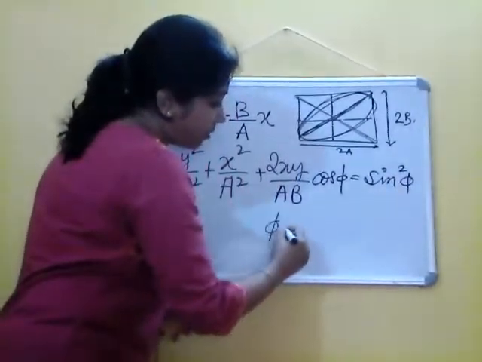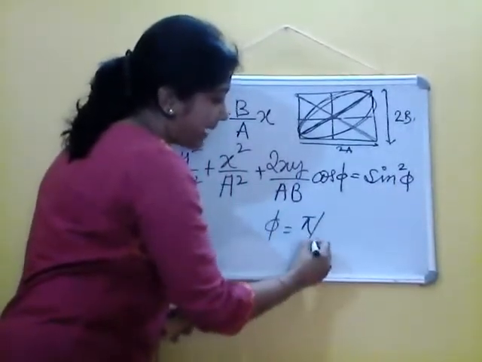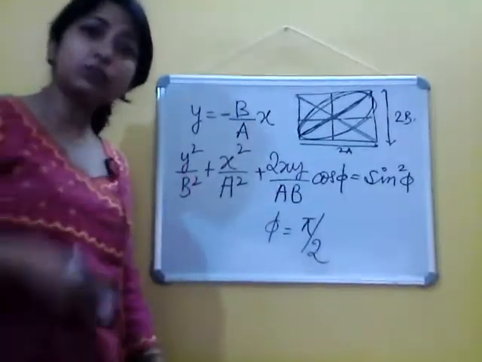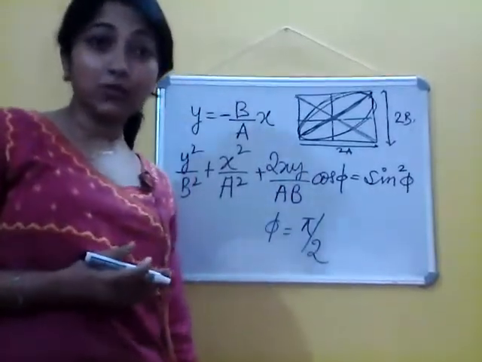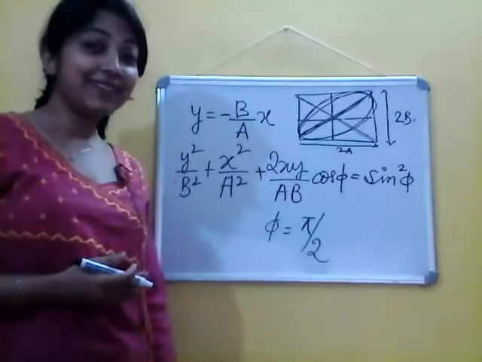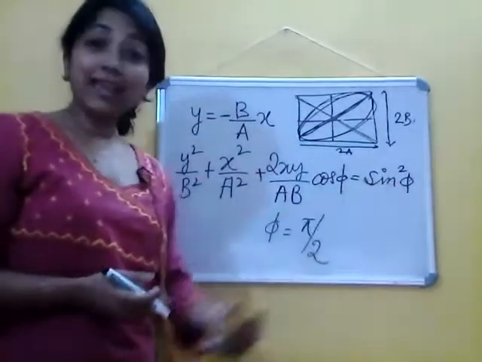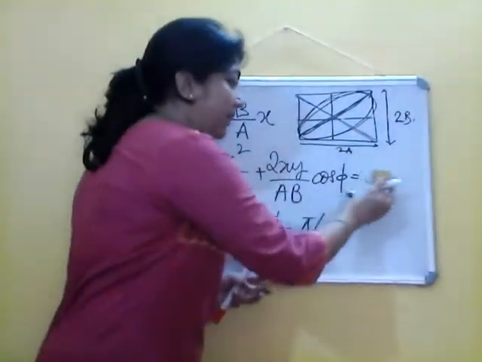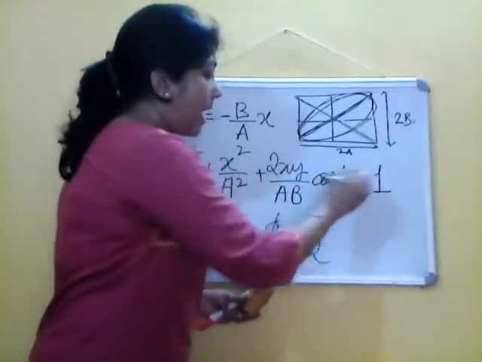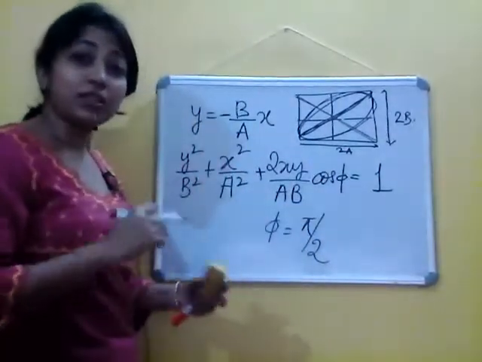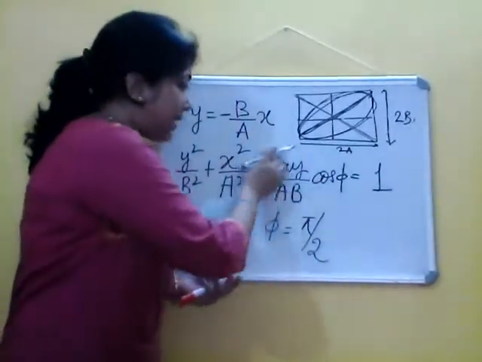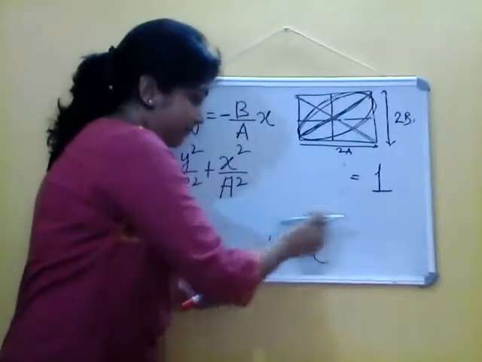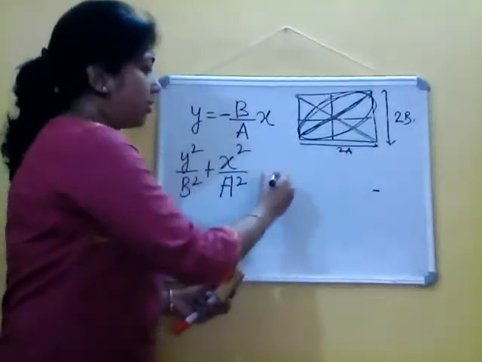I want you all to concentrate on the value of pi by 2. Phi is equal to pi by 2, 3 pi by 2, 5 pi by 2 and so on. Then what will I have? Now the sine value is going to be 1. However, cos pi by 2 is going to be 0, and this term will be put to 0.